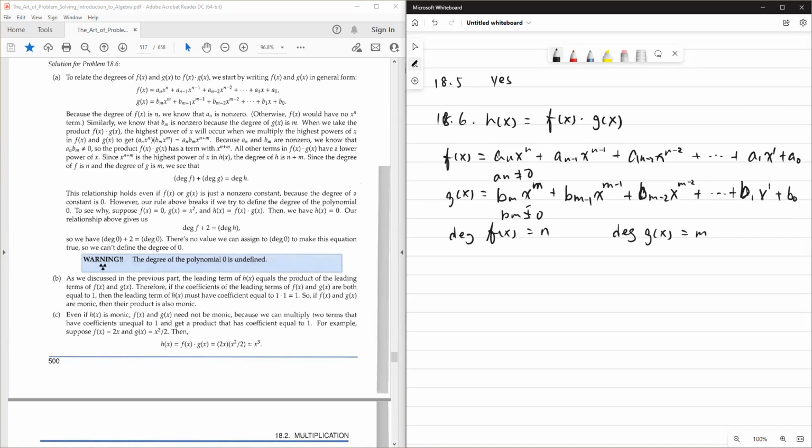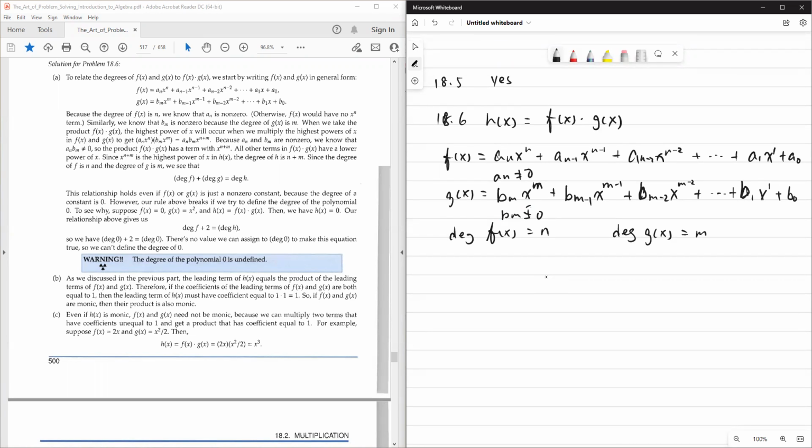Okay. So back to here. Because the degree of f of x is n, we know a_n is not 0. Similarly, we know b_m is not 0.